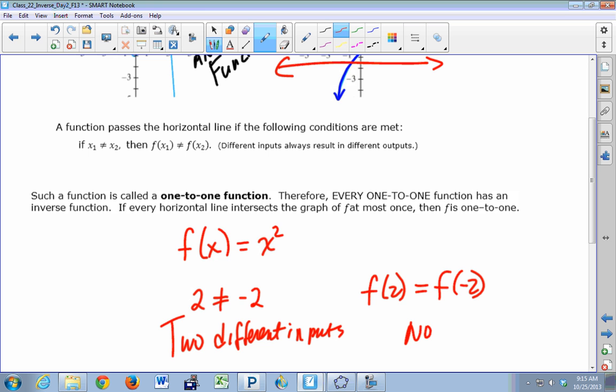So that tells you that this is not one-to-one because 4 equals 4. So this is not one-to-one. So the idea here is two different inputs, you absolutely get two different outputs. And all of your parabolas fail this. And you can just think of the graph if you don't like the mathematical way of looking at it.